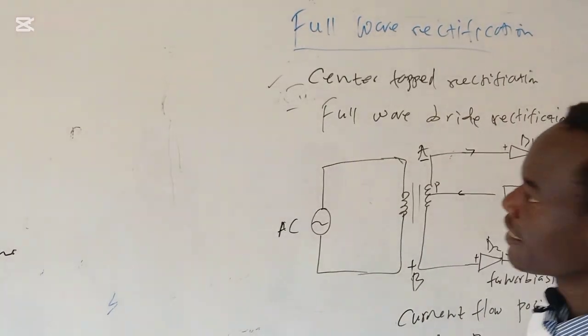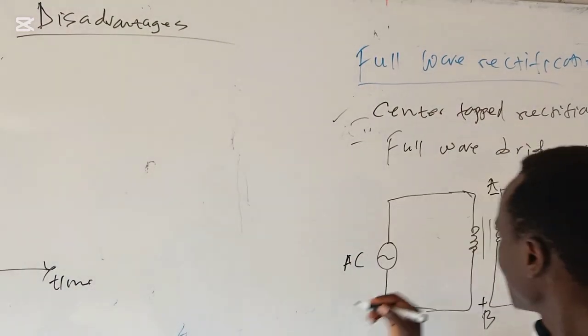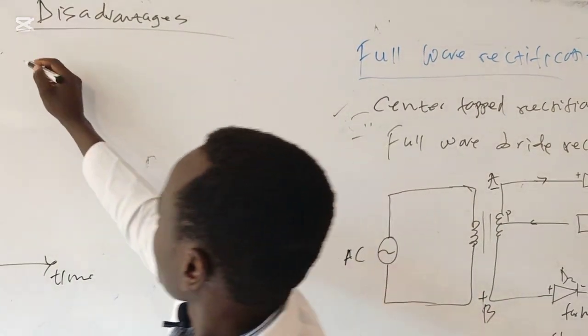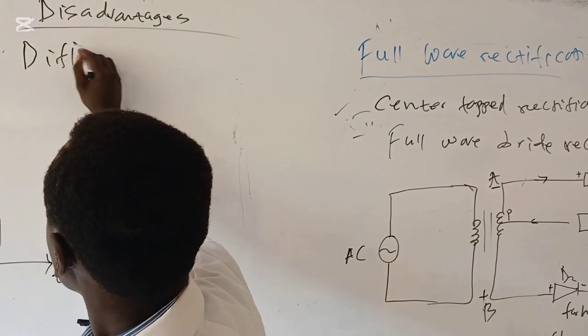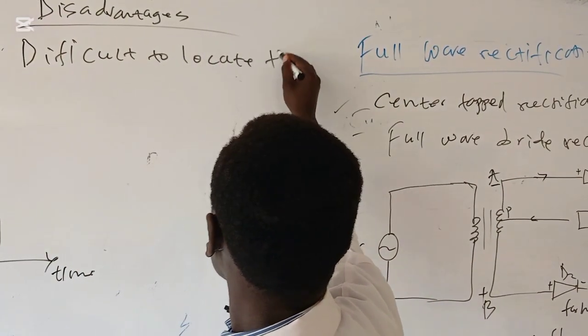Now let us see the disadvantages of the center tap rectification. It is difficult to locate the center in the secondary winding.